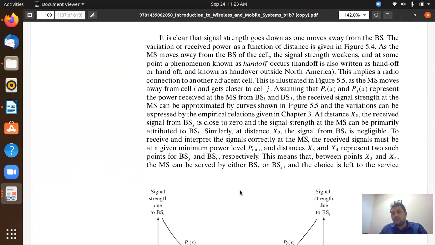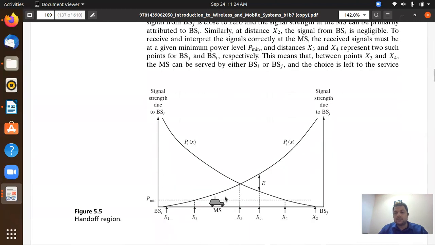Initially, if there are two cells, cell I and cell J, the user is within the range of cell I and is moving towards cell J. So at what time would the mobile user leave the contact with cell I base station and pick up communication with cell J? That depends on the signal strength the transceiver of the mobile station is receiving.